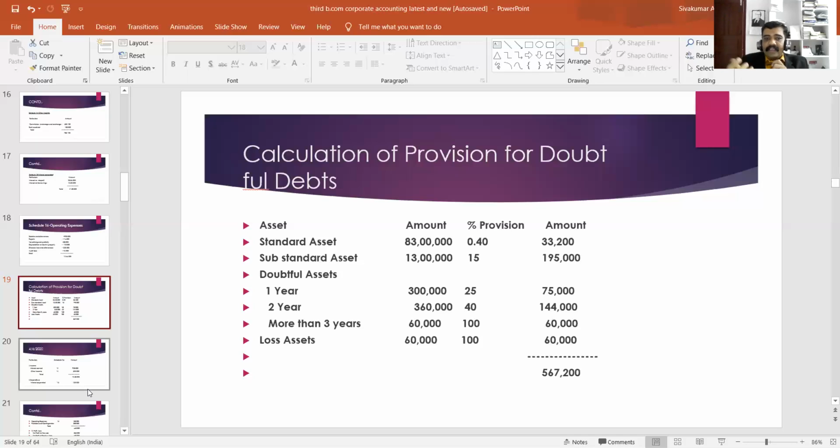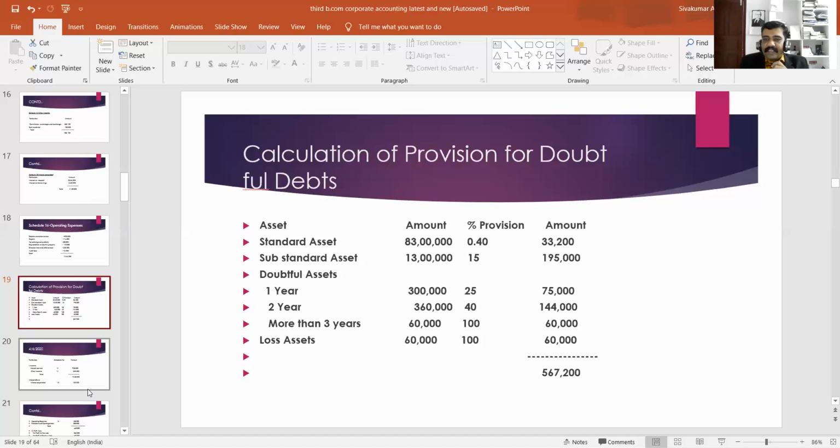Then another asset, doubtful asset. What is a doubtful asset? If an NPA exists for a period exceeding 12 months, then that type of NPA is known as doubtful asset. If doubtful asset up to 1 year exists, please provide 25% of that amount as provision.